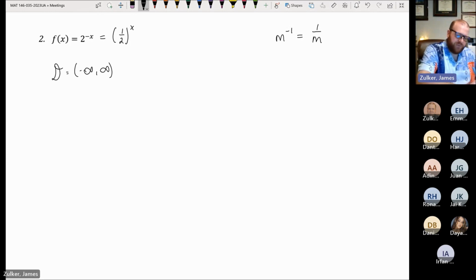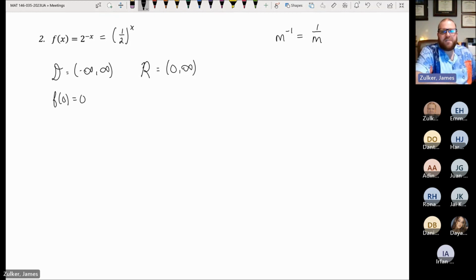Domain is still all real numbers. Range is still all positive real numbers. F of 0 is still 1. Still have horizontal asymptote, y equals 0.